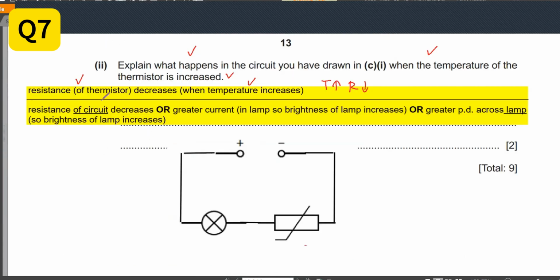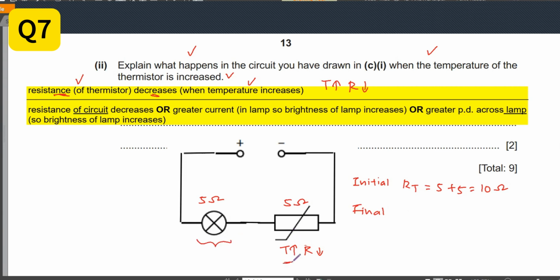Now we can see that when temperature increases, the resistance will decrease. Let's say initially the resistance is 5 ohm, 5 ohm. Initial total resistance for series will be 5 ohm plus 5 ohm, which is 10 ohm. But the lamp does not change. It is still 5 ohm.